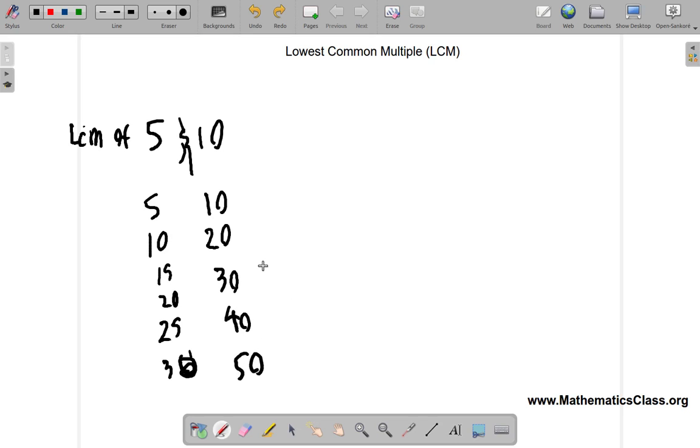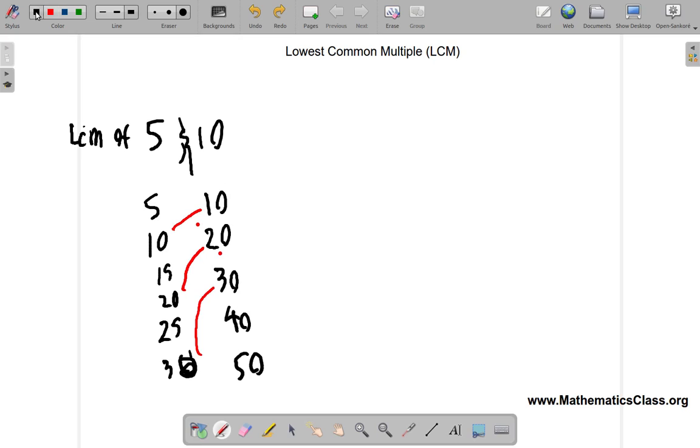Now, what are the common multiples here? You have 30 is a common multiple because 30 is a multiple of 5. It's also a multiple of 10. What else? You have 20 is a common multiple. 20 is a multiple of both. It's common to both. You have 10 is a common multiple.